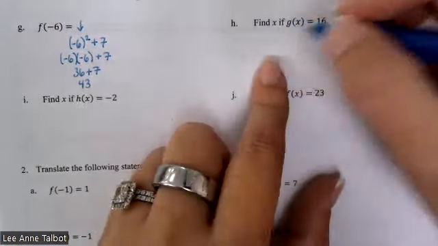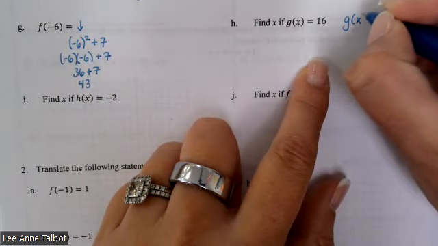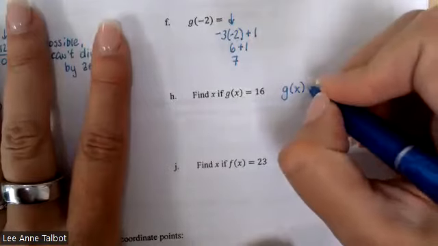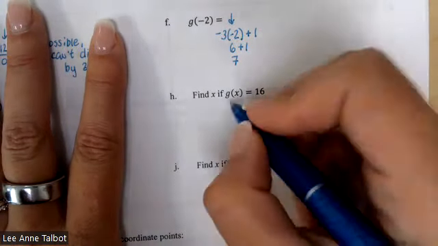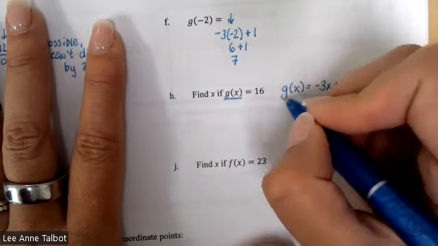Okay, so what I'm going to do is I'm going to put g of x right here. I'm going to go back up to the top. G of x is negative 3x plus 1. And I'm going to say, okay, g of x is 16.